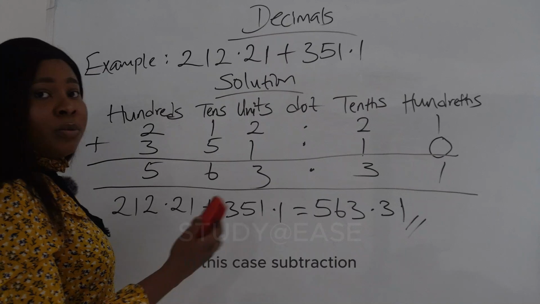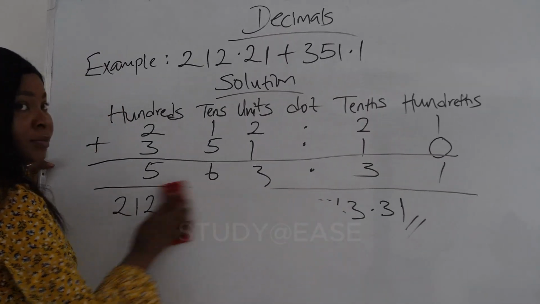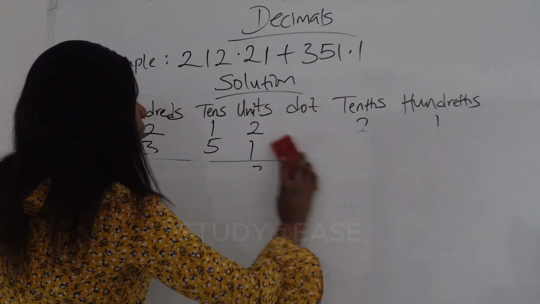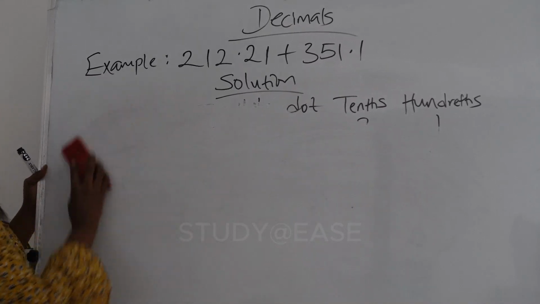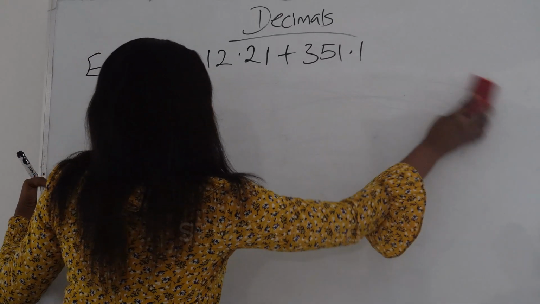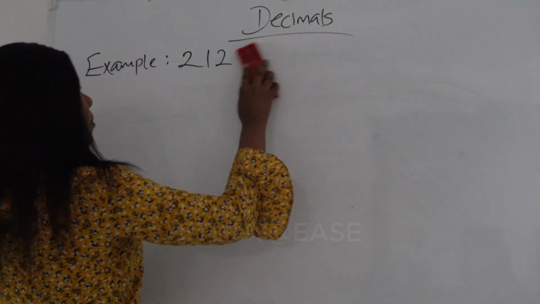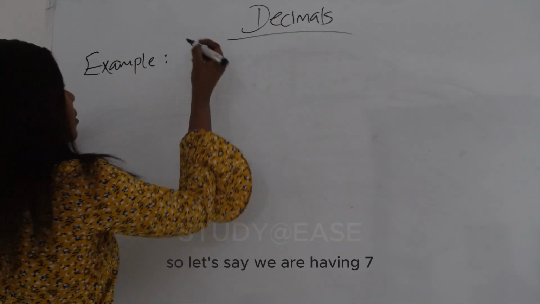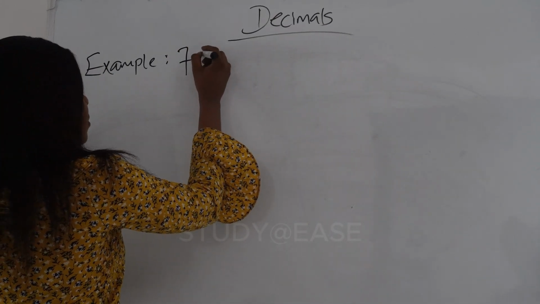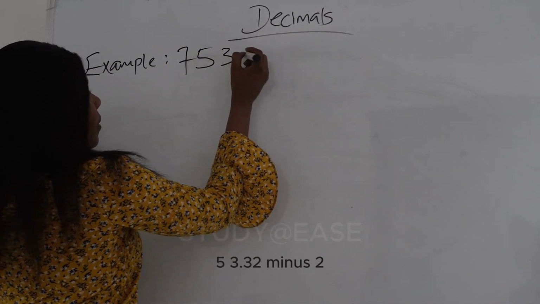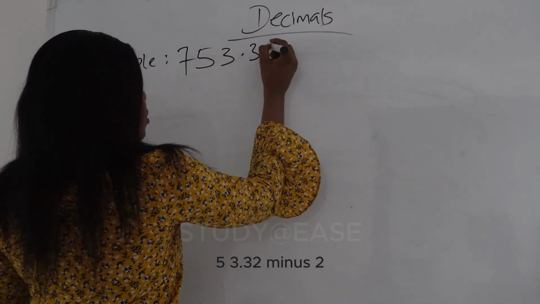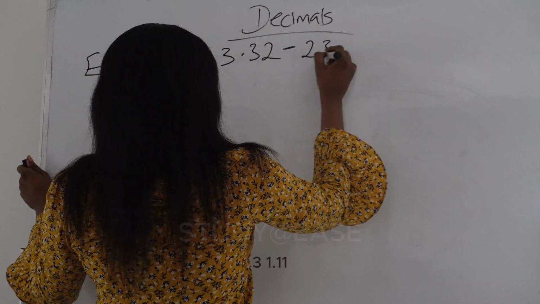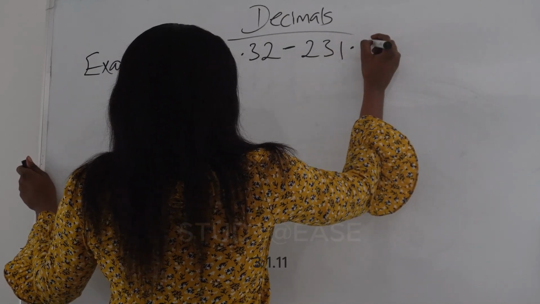In this case, subtraction. So let's say we are having 753.32 minus 231.11.